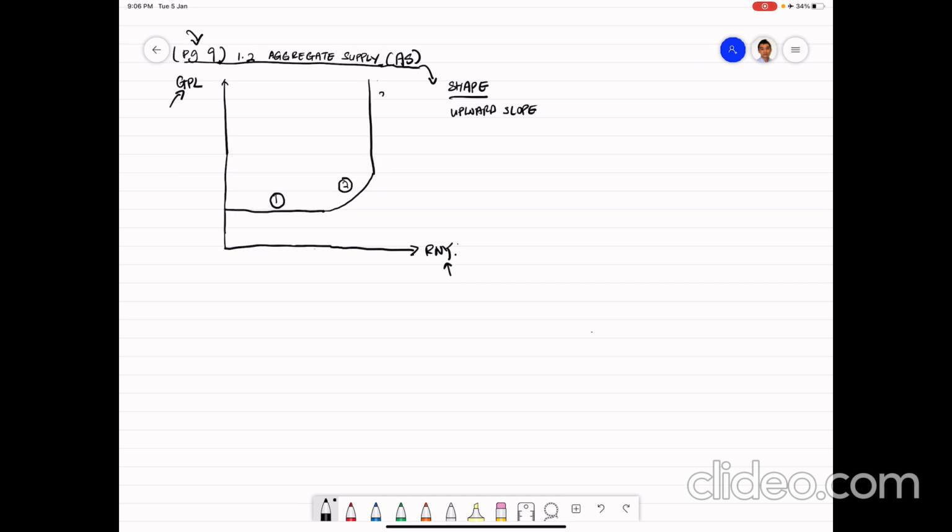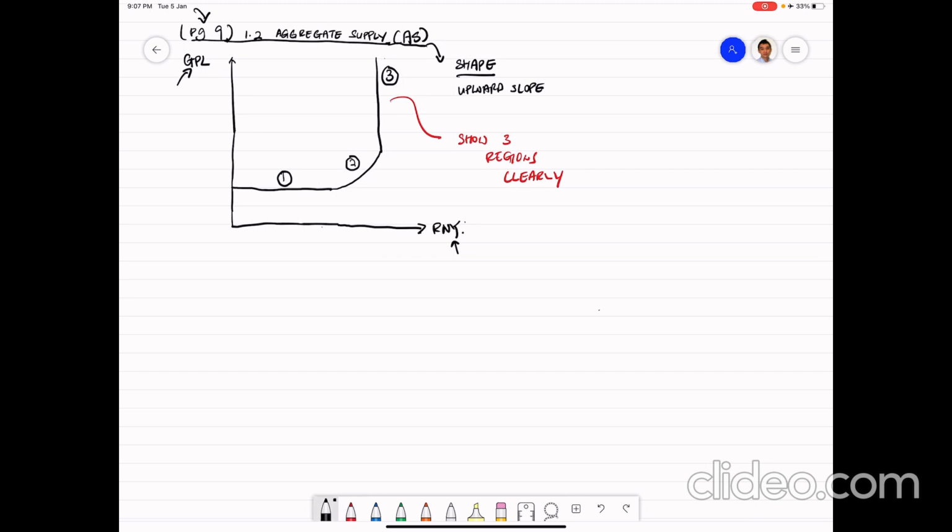Let's call this region 3. So the shape you see on page 9 is a combination of these 3 separate regions. You must show 3 regions clearly. I'll also unpack what is actually happening in regions 1, 2, and 3.